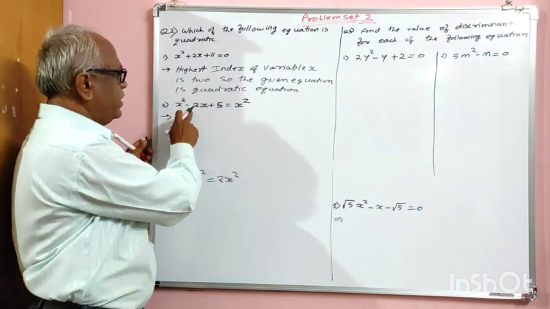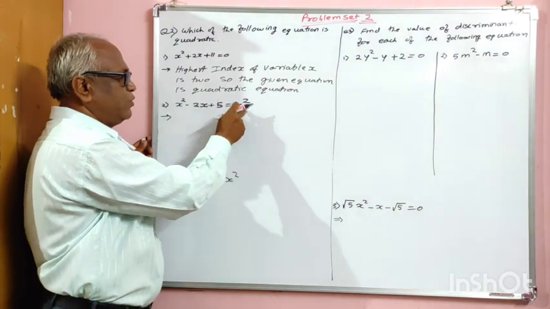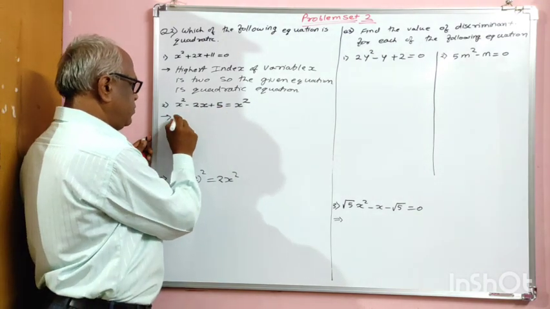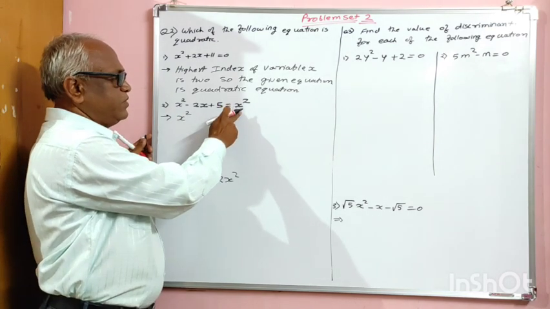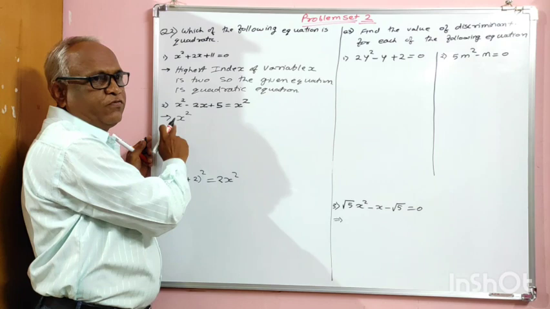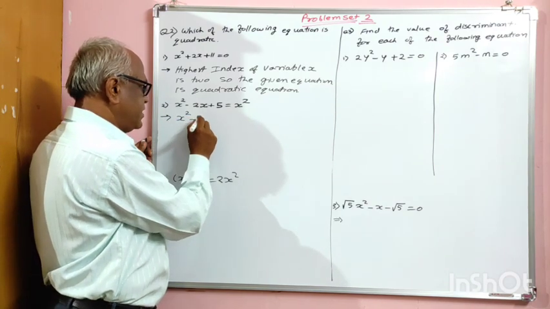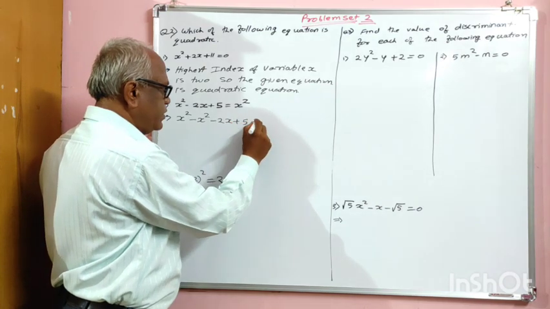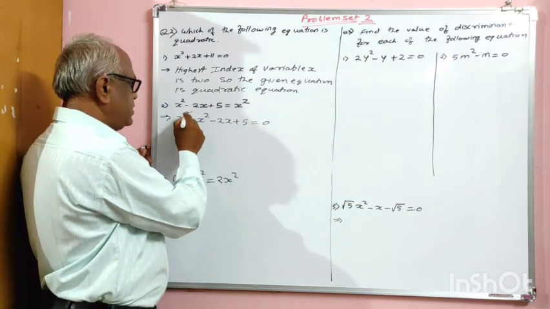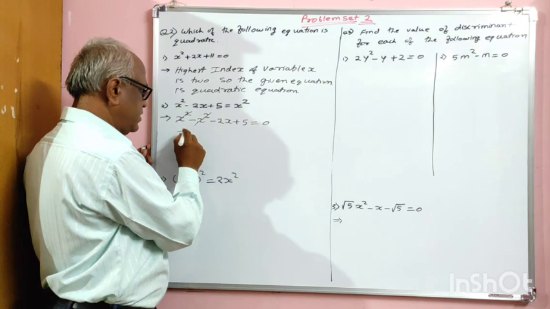Second one, x square minus 2x plus 5 is equal to x square. Now we write this equation this way: after the equal to sign, x square is there. When we shift it to the other side it becomes minus x square, so minus 2x plus 5 is equal to 0, as x square minus x square cancel.